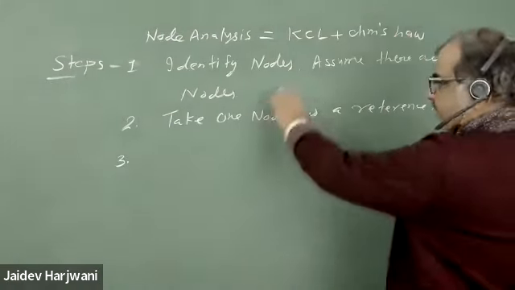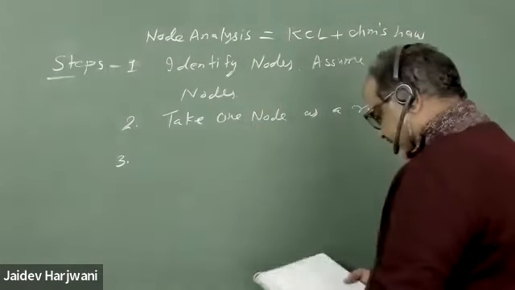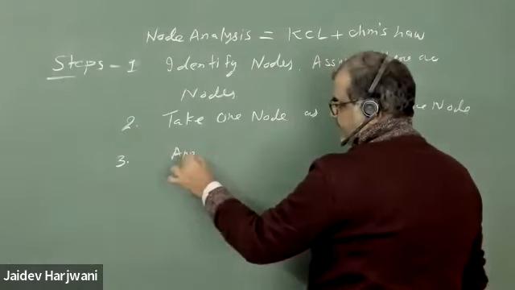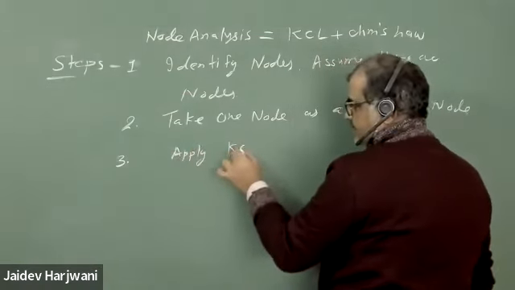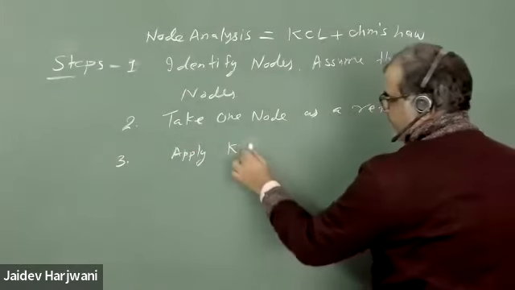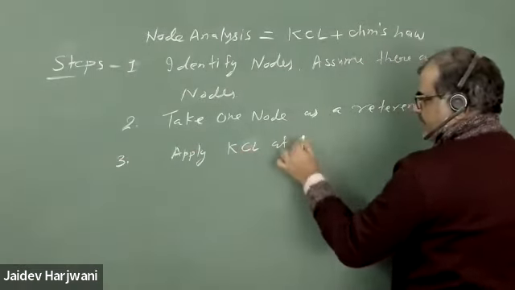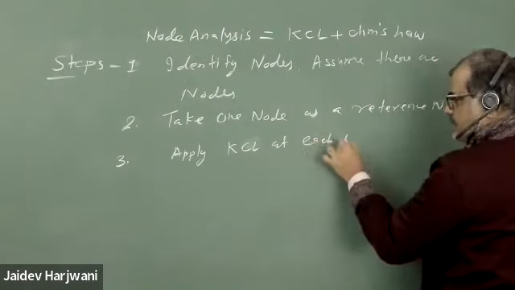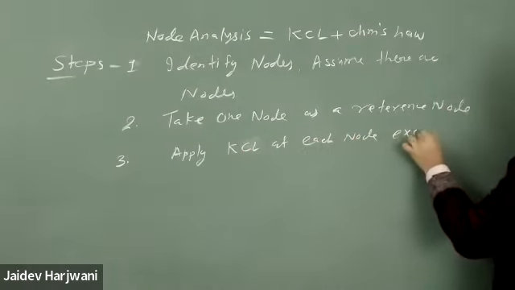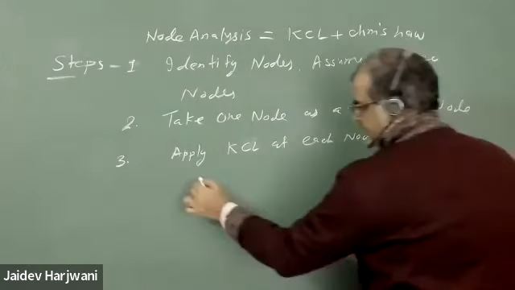So identify nodes, take one node as a reference node. Number three is apply KCL at each node except the reference node.